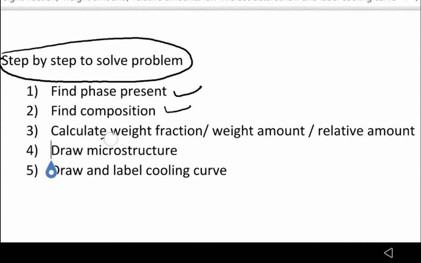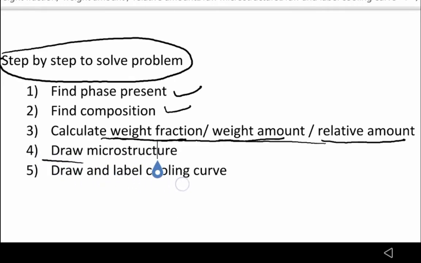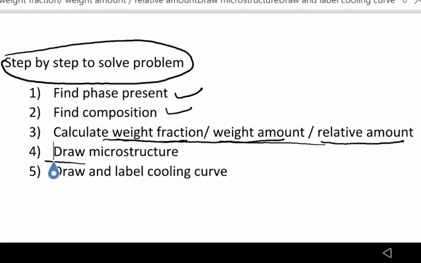Next, calculate weight fraction, or weight amount, or relative amount. This is the same meaning. Sometimes using the lever rule. Next, draw microstructure. And the last one, draw and label cooling curve.